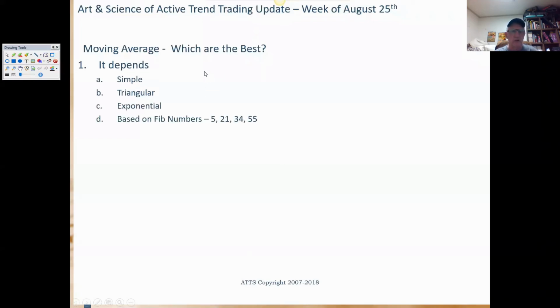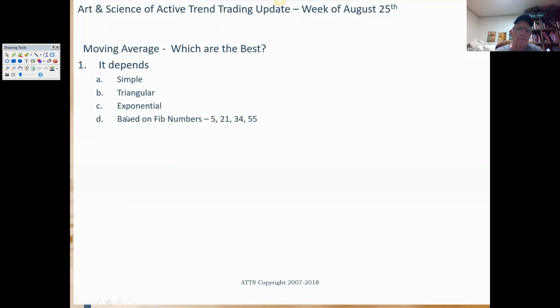But the series that I utilize, I basically go primarily with the 8, the 20, and the 50 period moving average. I carry those across all charts with the exception of the weekly chart, where I go to 8, the 20, and the 40 rather than the 50. Why the 40? Because that emulates the 200-day moving average.